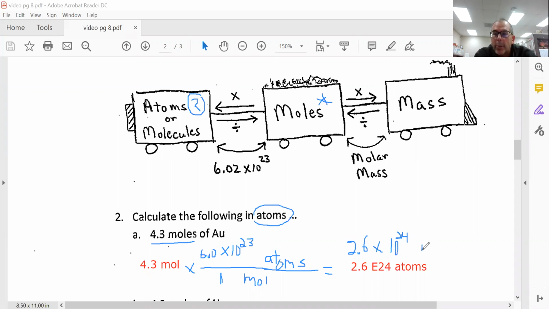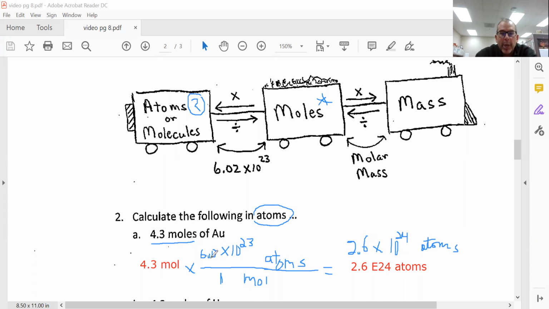I'll draw this in, a little bit slow. Pretty messy atoms. But 2.6 times 10 to the 24th atoms is the same as this right here.